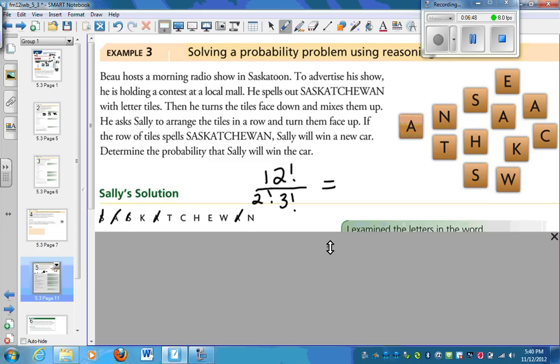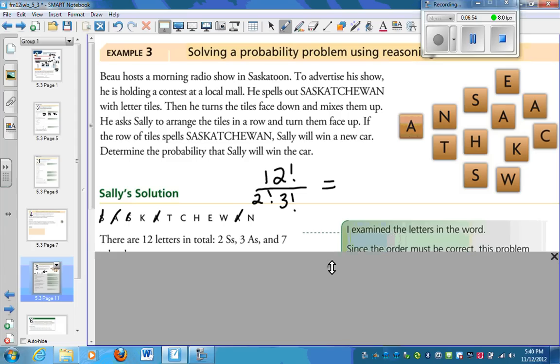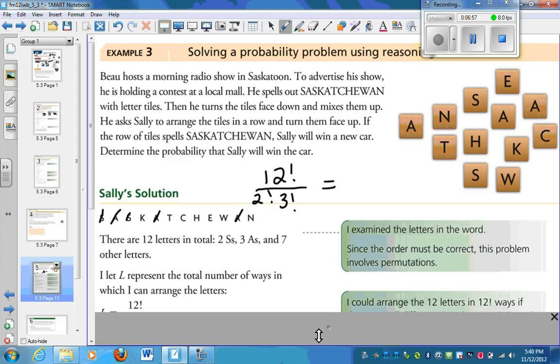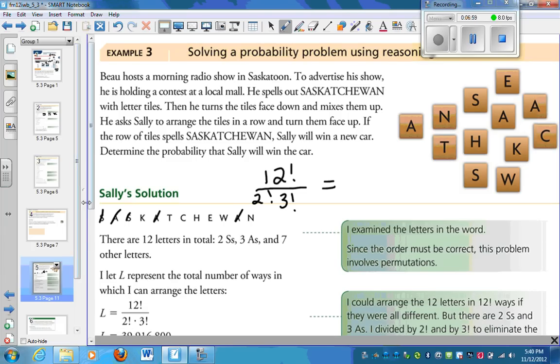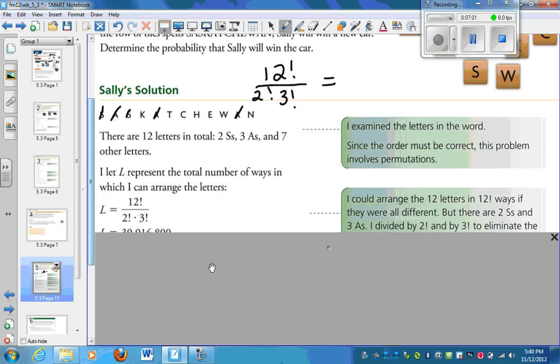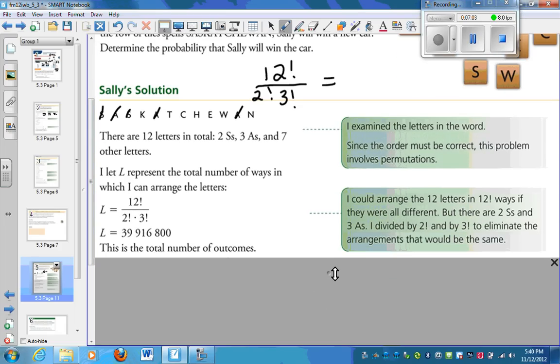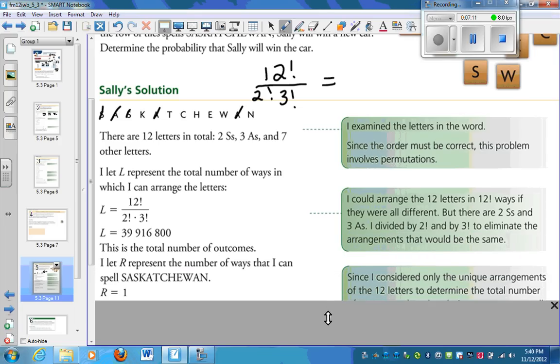We're only talking about unique ways, so nothing is counted twice due to those repeated letters. I just didn't want to get out my calculator here, and they found that to be 39,916,800.